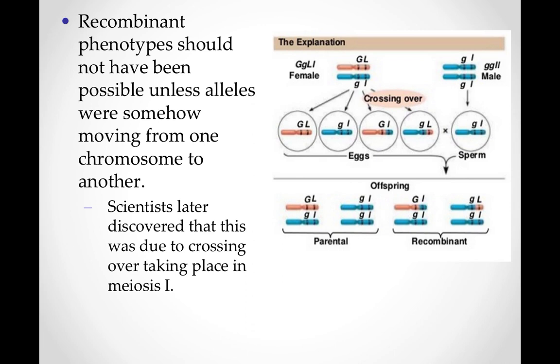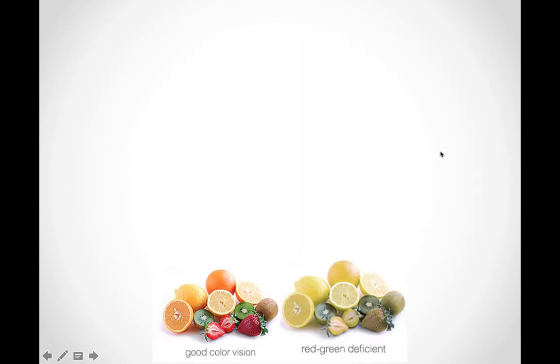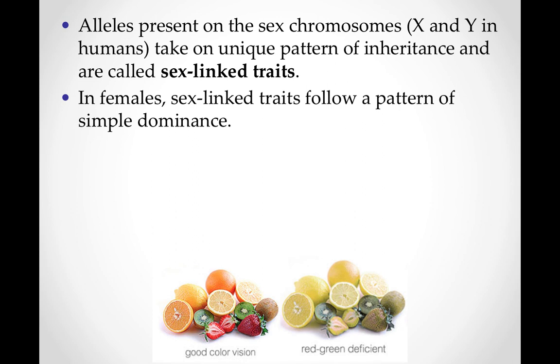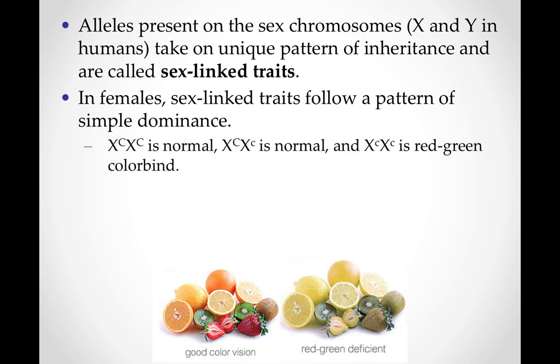Scientists later discovered that this was due to crossing over taking place in meiosis 1. Remember, we talked about that, how traits will cross from one chromosome to another, and this crossing over took place. Alleles present on the sex chromosomes X and Y in humans take a unique pattern of inheritance called sex-linked traits. In females, sex-linked traits follow the pattern of simple dominance.